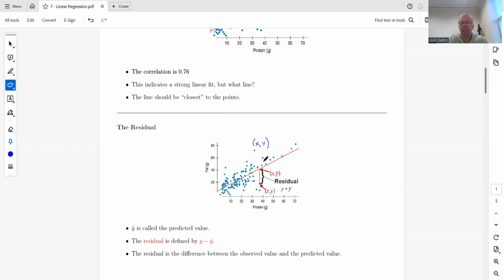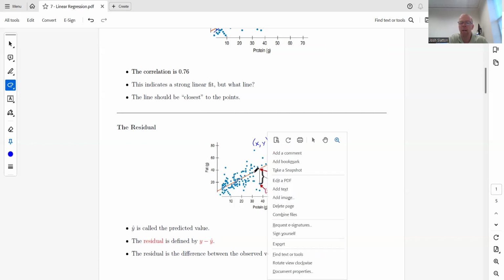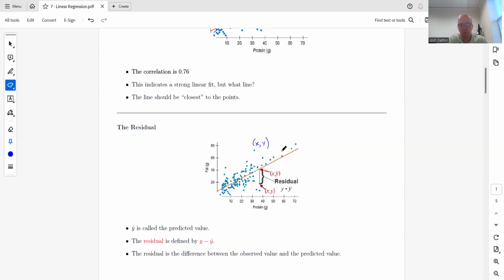And if we have this line that's coming through these points, using this point down here, what is the vertical distance to the line? The x value is the same. So you can see that we have the ordered pair (x, y) for the actual data point.